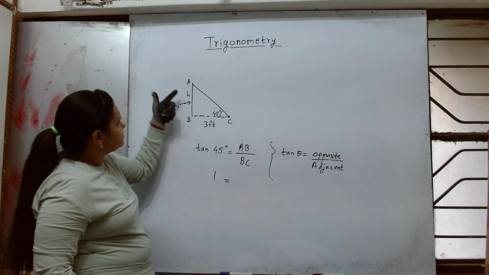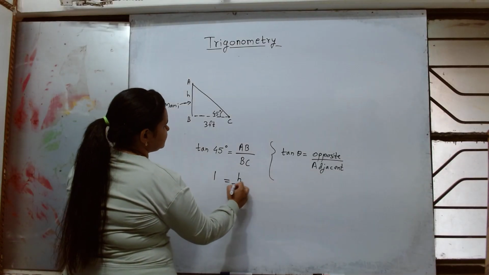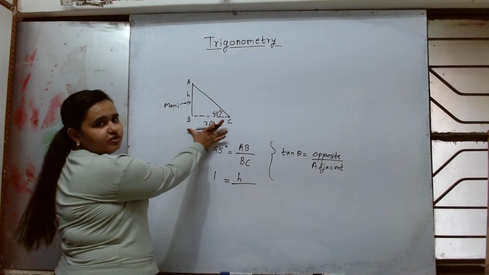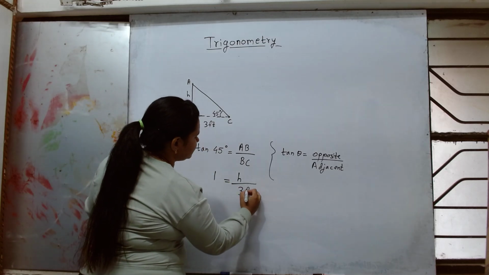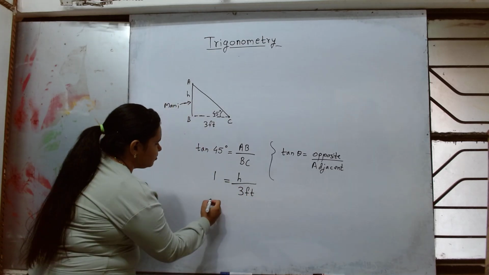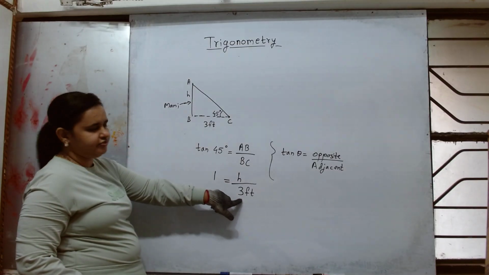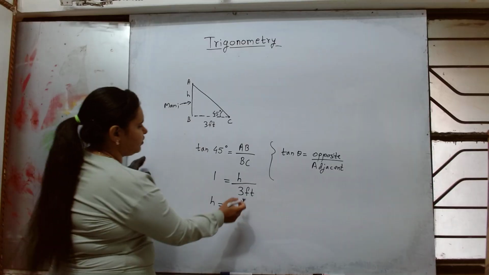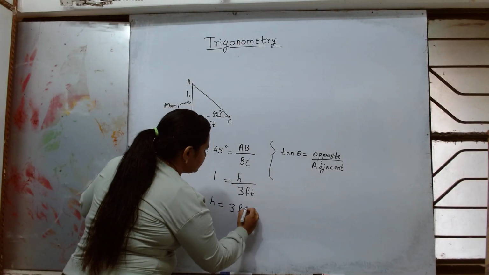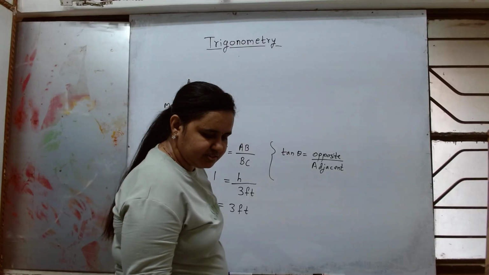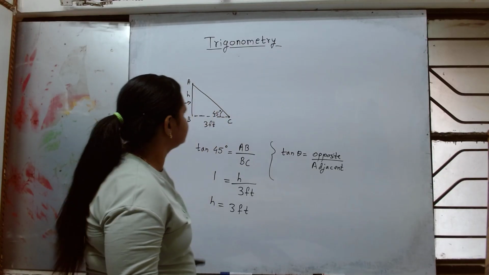AB we don't know, let us take the height as H, and BC is 3, her shadow is given as 3 feet. Now H will be equal to 3 multiplied with 1, so her height will be 3 feet. So our answer is the second option, that is 3 feet.